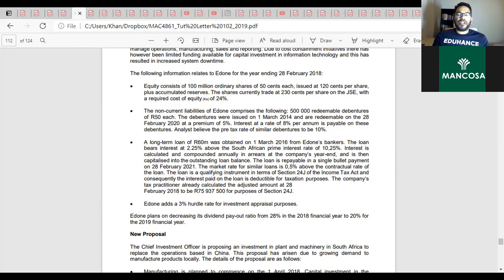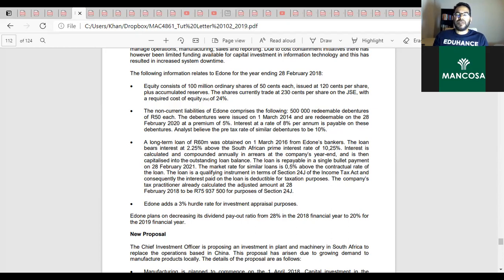In order to calculate the market value, or any calculation, whether it's market rate or market value, when it comes to preference shares and debt, we ask ourselves the question, is it redeemable or non-redeemable? It is redeemable if there is a specified date of repayment. It is non-redeemable if there's no specified date of repayment.